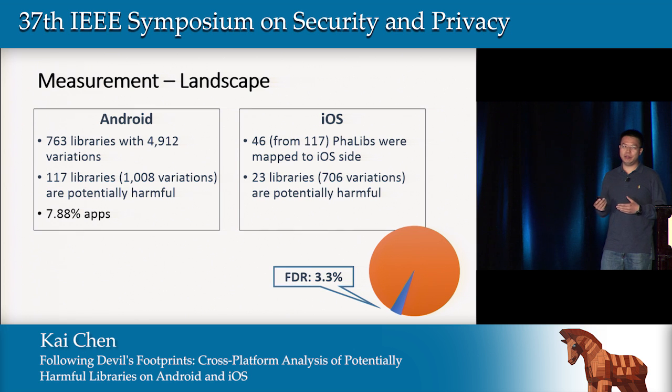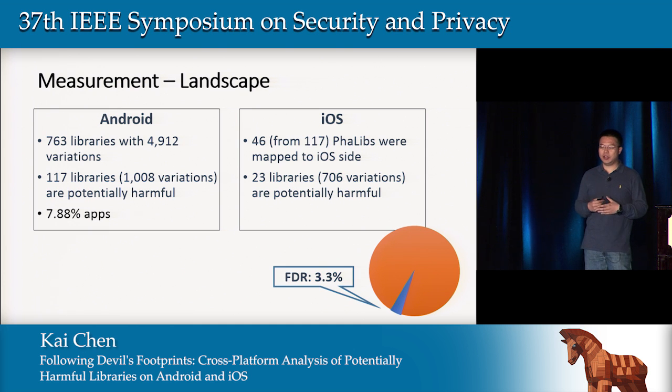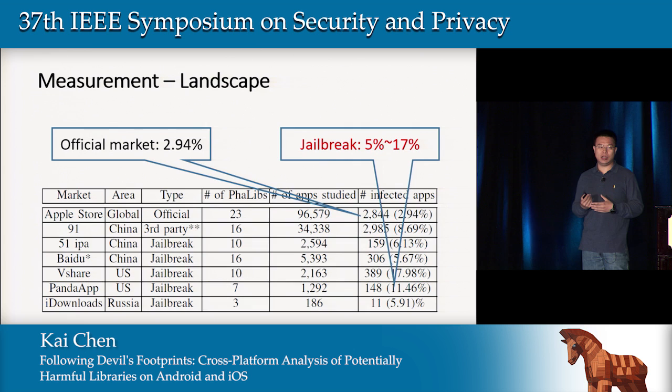It includes 117 potentially harmful libraries, and it impacts about 7.88% of apps. On the iOS side, we got 46 from these 117 when mapped, and from them, 23 libraries are potentially harmful.